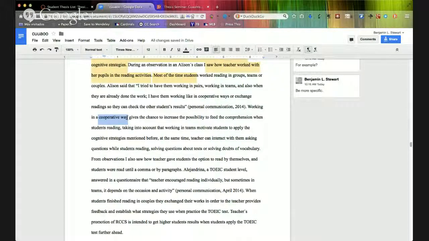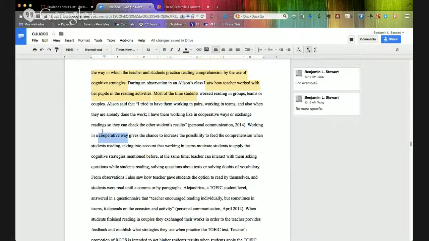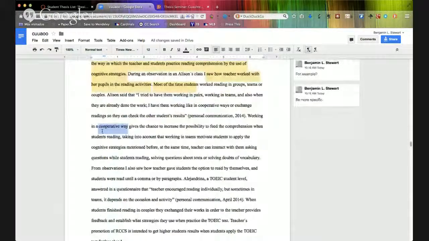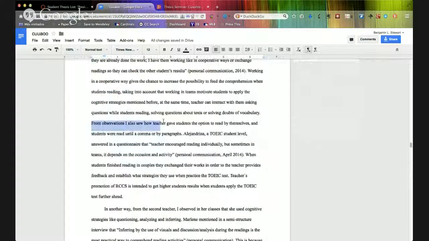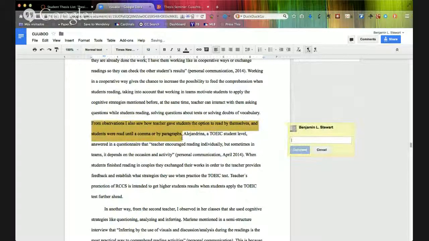Is it promoting cooperative learning or reciprocal? All right, so just double check that. Like this. I saw how the teacher gave the students. Okay, how did they do it?